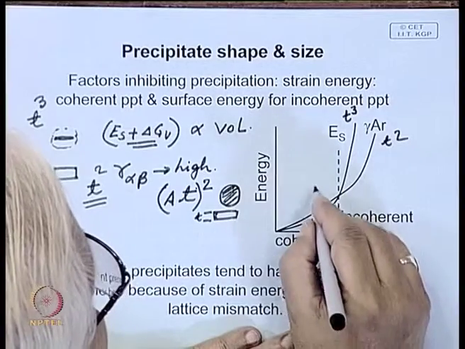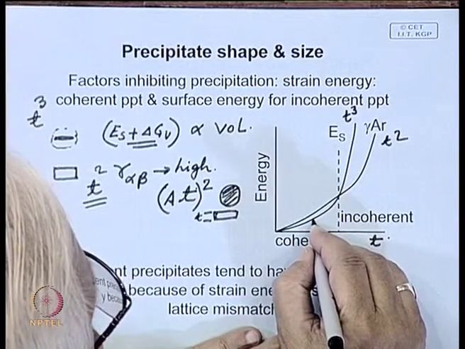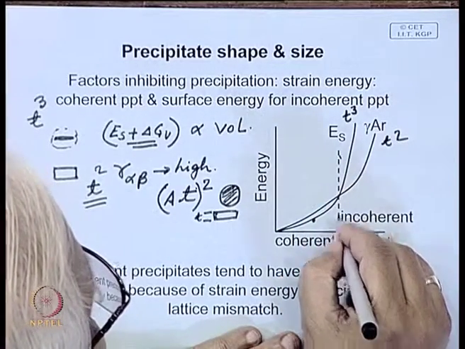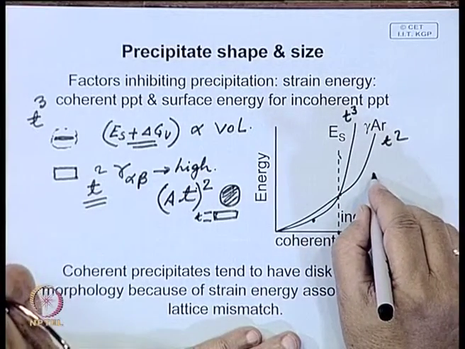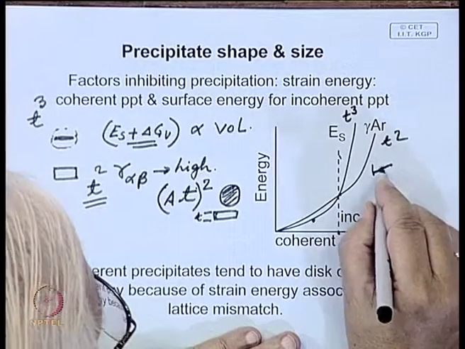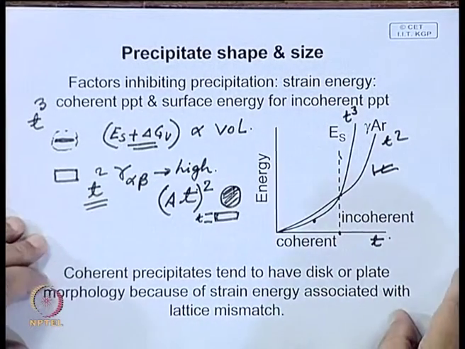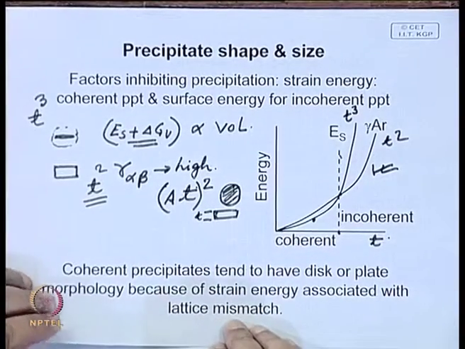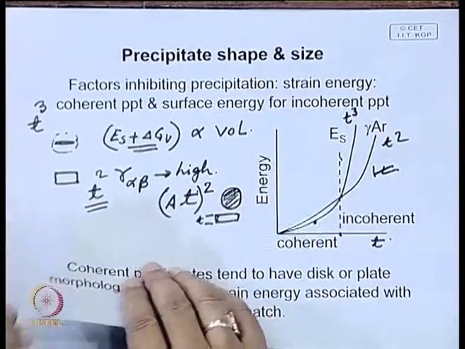Initially here the preferred precipitate will be coherent, but when it grows and crosses this critical point, incoherent precipitate will be more preferred. So, there is a critical dimension as the precipitate tries to grow; that lattice mismatch will increase, and finally, it will be replaced by incoherent precipitate.